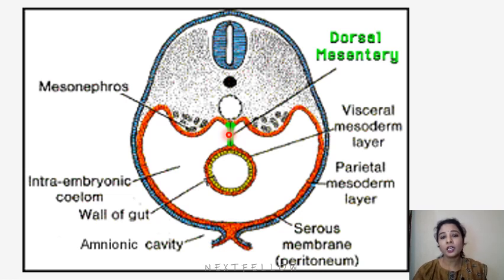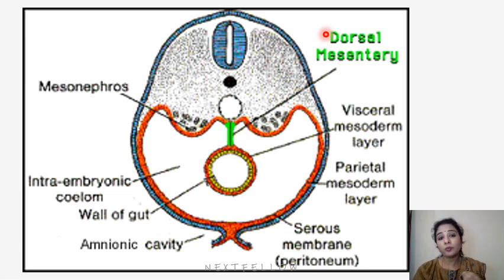Midgut and hindgut are suspended from the dorsal body wall by the dorsal mesentery. Mesentery is a double-layered peritoneum that covers the visceral organs and connects to the posterior abdominal wall, and it conveys the neurovascular bundle. So the nerves and blood vessels supplying the gut are conveyed through this dorsal mesentery.